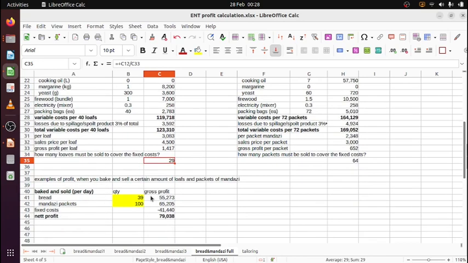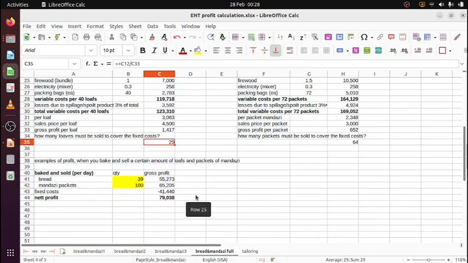Now it's pretty nice to see, for instance, you have a typical day and you sell 39 loaves and 100 packets of mandazi. What should be your net profit?